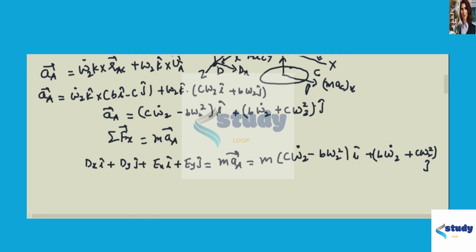So we can write dx plus ex to be m c rate of change of omega 2 minus v omega 2 square, and dy plus ey, you may write m into v omega 2 rate of change plus c omega 2 square.